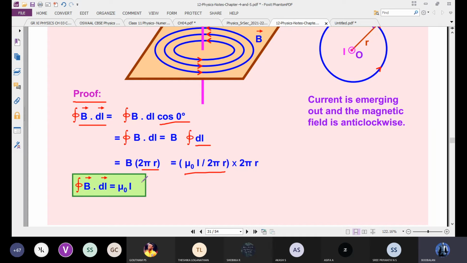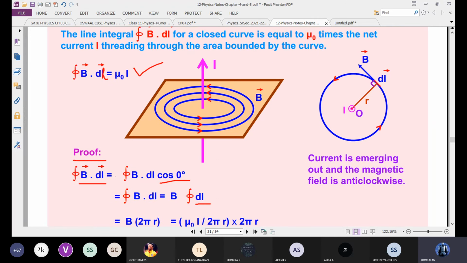So next, the proof using a straight current carrying conductor. This is a straight current carrying conductor, and an amount of current I is passing through it.